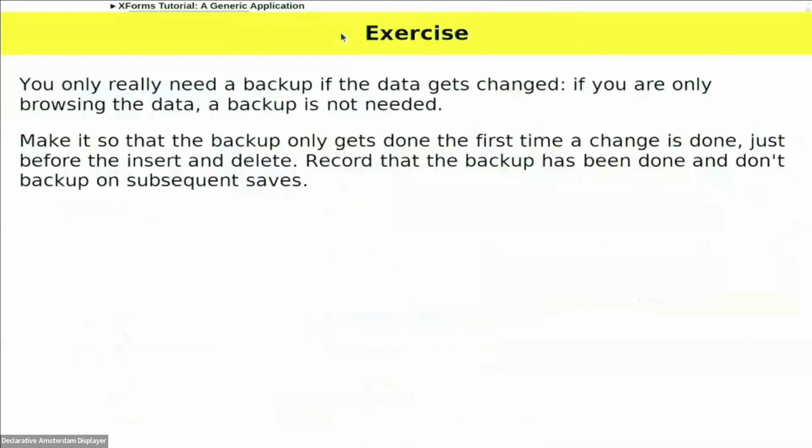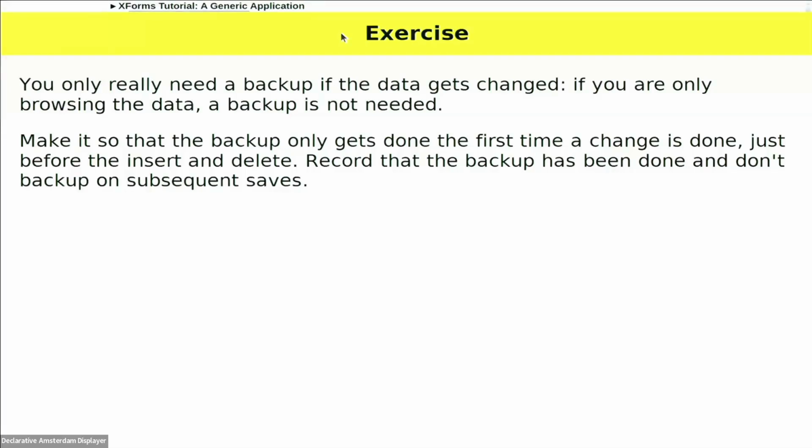So your exercise now is to do that backup, but only when the data gets changed. You don't need to do a backup until somebody actually changes the data. If you're just browsing the data, then you don't need a backup. So the version that you just saw, it does it at startup, and now you've learned how to do something at startup.